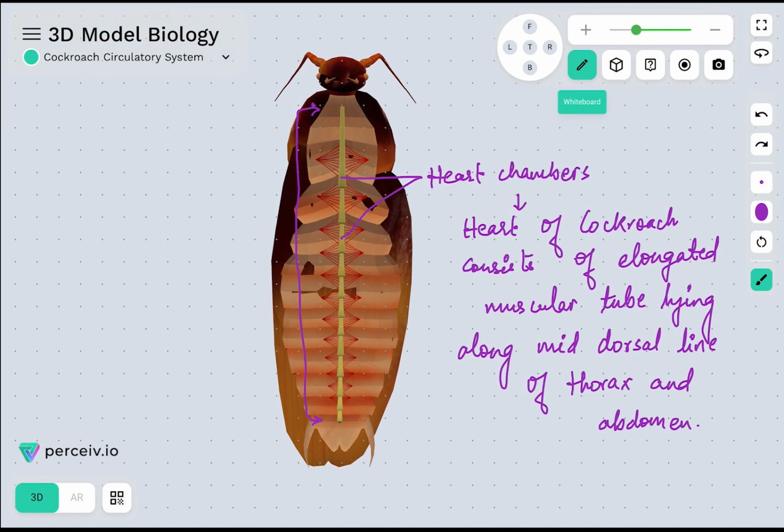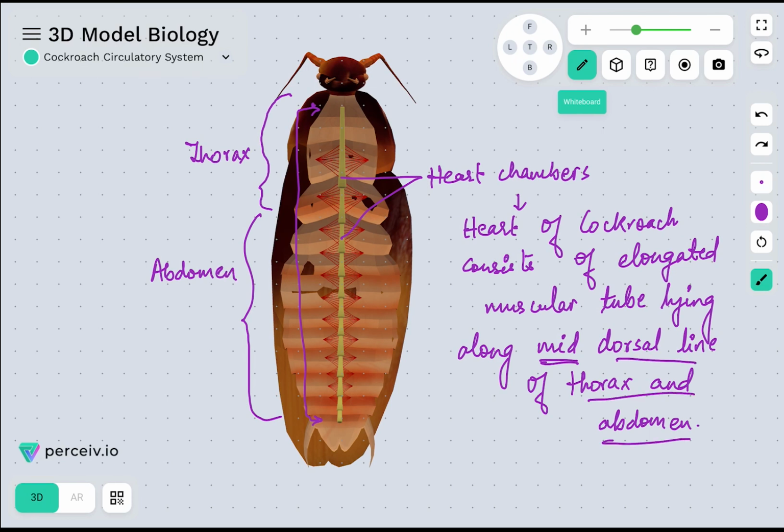The heart is lying in the middle portion of the body, and that too along the dorsal line of the thorax and the abdominal cavity. From this part to this part is the thorax, and these are the abdominal cavities. So that's why they are lying along the mid-dorsal line of the thorax and the abdomen.